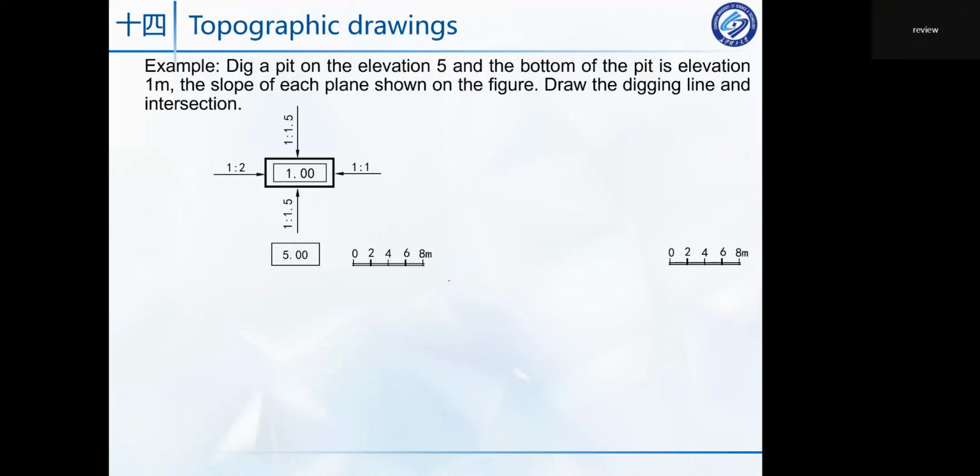So you have to do it. Please look at this question, and I'll give you maybe 10 minutes. If you finished your drawing exercise, you can send it to me.